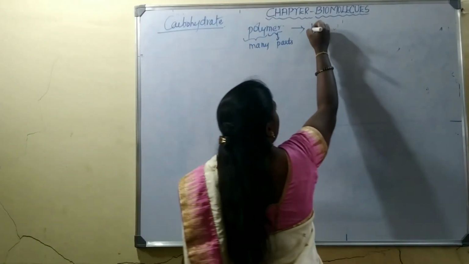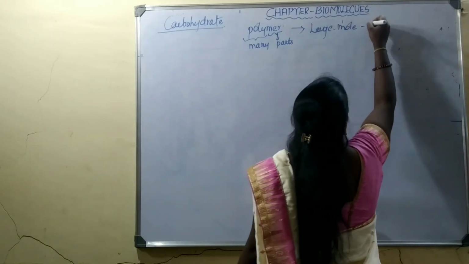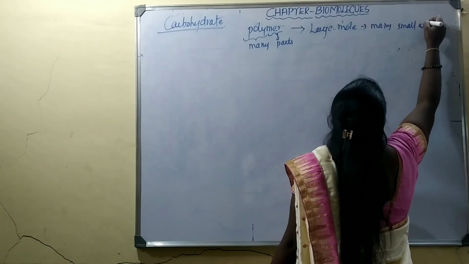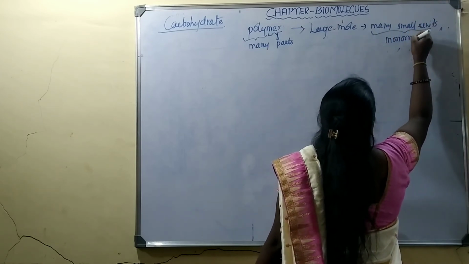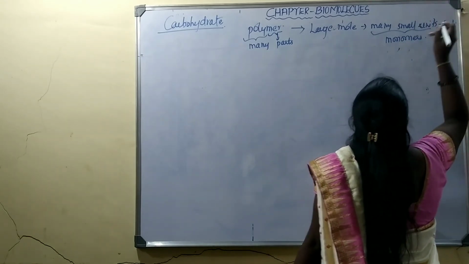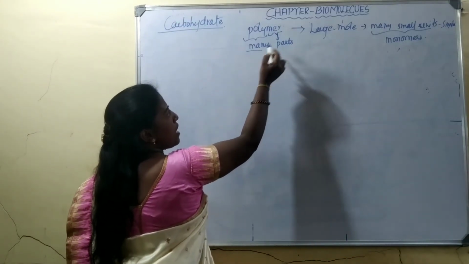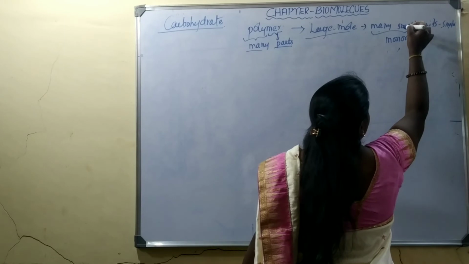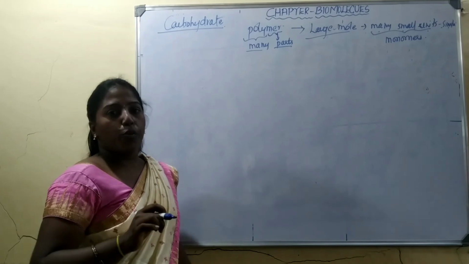These small units we call monomers, and these units are similar. Is it clear? So poly means many, mer means parts. The large molecule which is made up of many smaller units. Here the smaller units are called monomers.